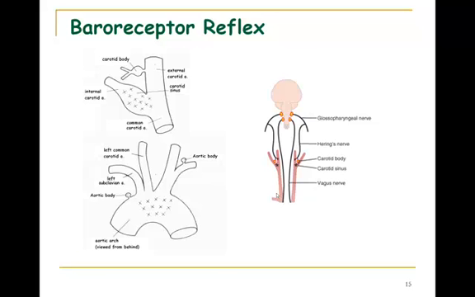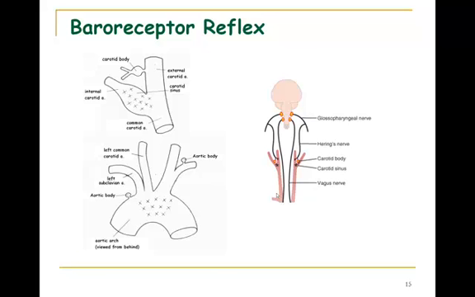A good way to remember that the carotid sinus responds to a little bit lower pressure is that it is very important in protecting the blood flow to your brain. So you want to make sure that it's really working if your blood pressure gets too low, because if you don't get blood flow to the brain, you're going to have some issues.